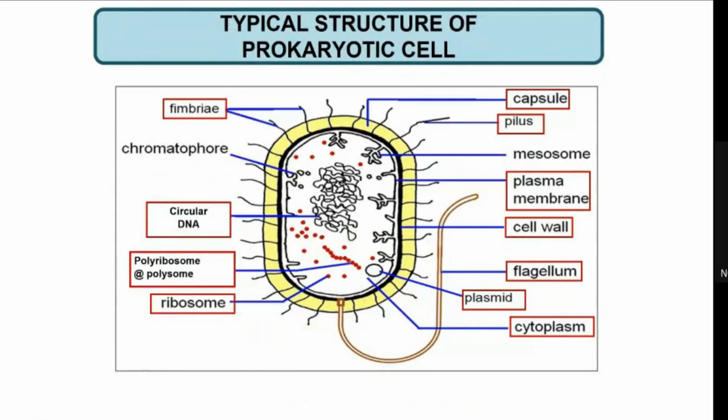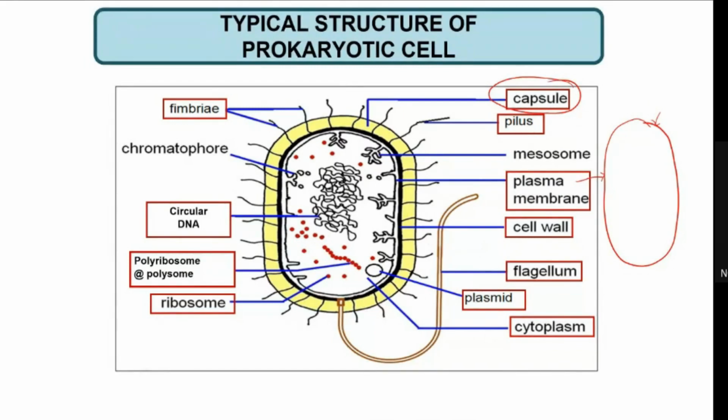Make sure that you are able to draw a typical structure of a prokaryotic cell. When we have to draw, don't forget about the capsule. First, there must be a shape. And then we have the plasma membrane.